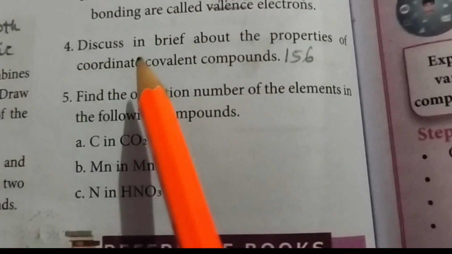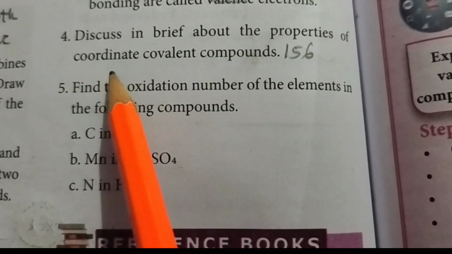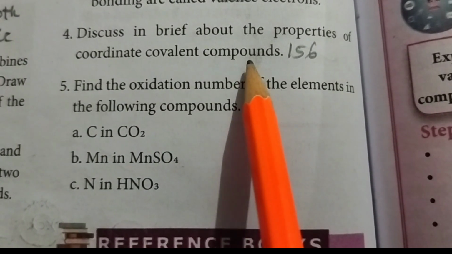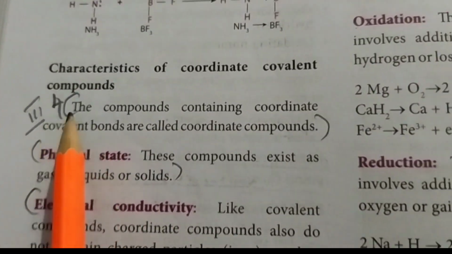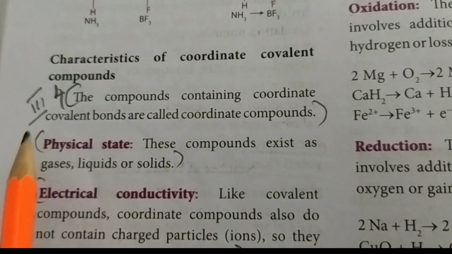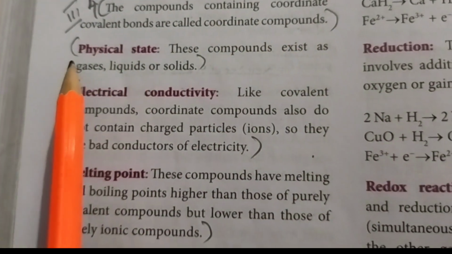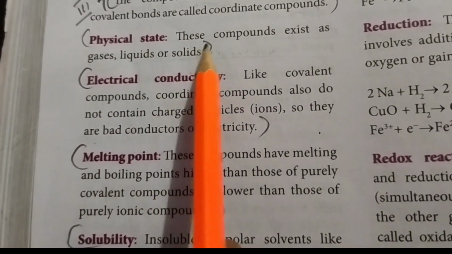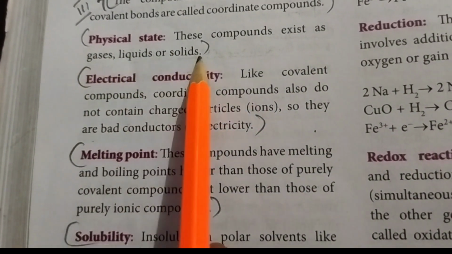Then fourth one, discuss in brief about the properties of coordinate covalent compounds. Take page number 156. On page 156, the compounds containing coordinate covalent bonds are called coordinate compounds. First one, physical state. These compounds exist as gaseous, liquid or solids.